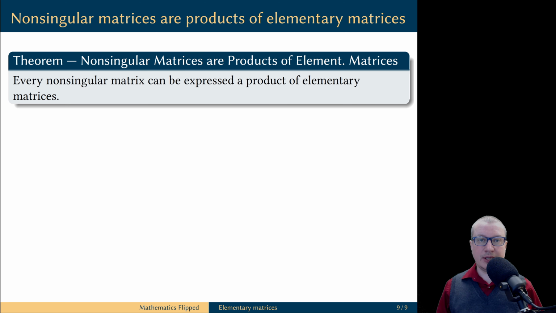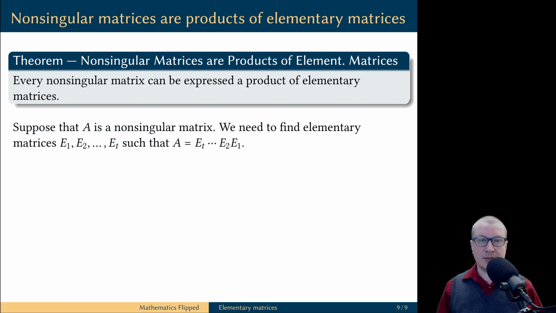And now, let's prove a remarkable fact: elementary matrices are the building blocks of all non-singular matrices. Namely, every non-singular matrix can be expressed as a product of elementary matrices. Suppose A is a non-singular matrix.